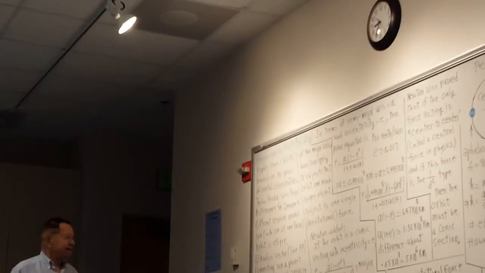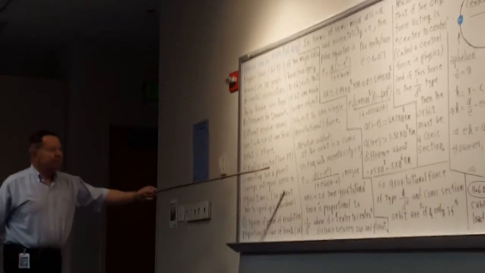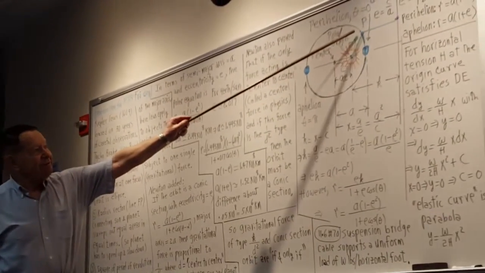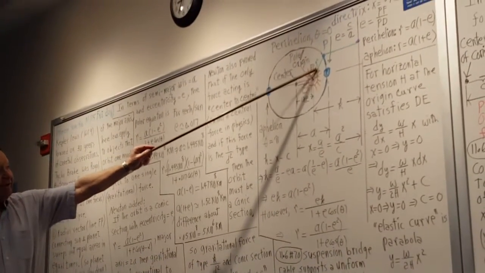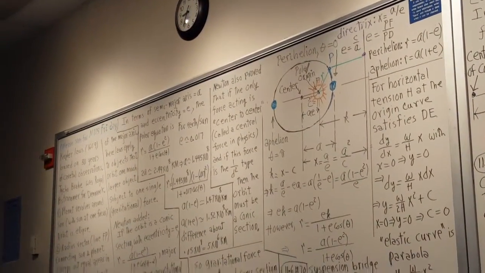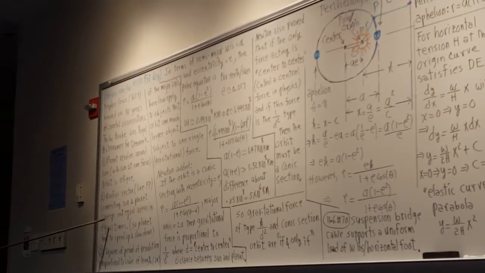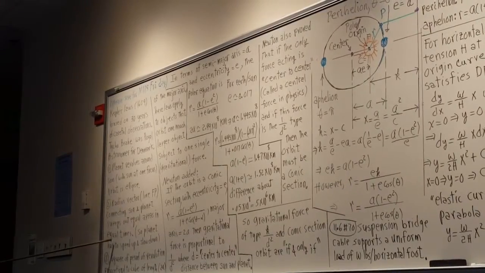And anyway, the radius vector would be a line from the focus to where the planet is, like the R here. Connecting the sun and the planet, it sweeps out equal areas in equal times.